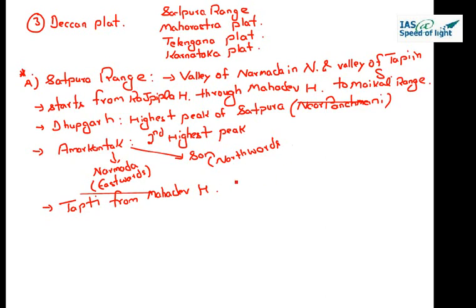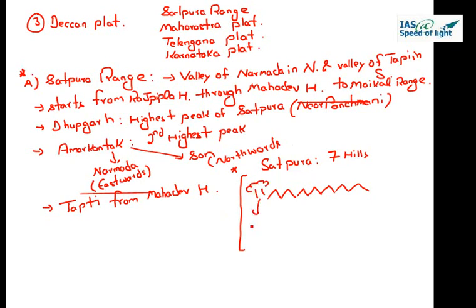Now in brackets you can write the mnemonics. Satpura becomes Sat Pura, or seven hills. So there are seven hills: one, two, three, four, five, six, seven. So from the starting, this is the journey of Lord Shiva. In the starting, it was a peepal tree, which is Raj Pipala.